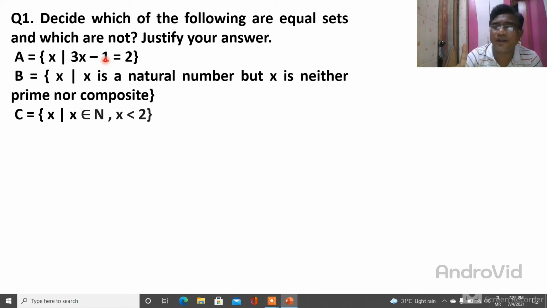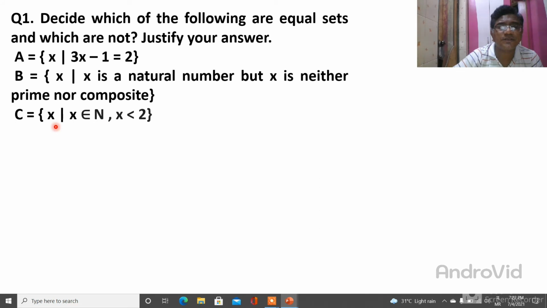See, A value you are getting 1, B value you are getting 1. Do you understand how you get 1? 3 ones are 3, 3 minus 1 is 2. Then X is a natural number but X is neither prime nor composite. So the number neither prime nor composite is only 1. Okay, so here also we are getting 1.